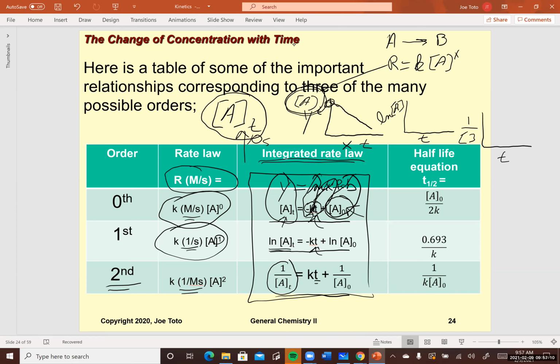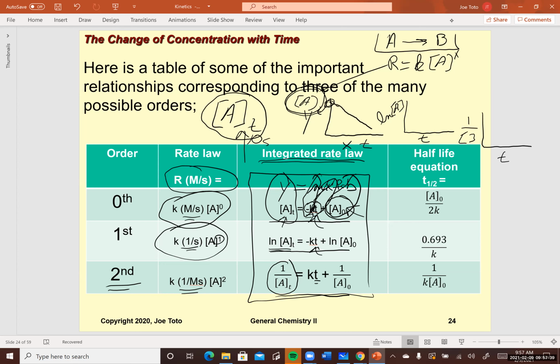And whatever X is, that's what it is for every time you do an experiment involving this reaction. So in other words, for reaction 1, X is, say, 0, then if I do another reaction 2, X has to be 0 again.